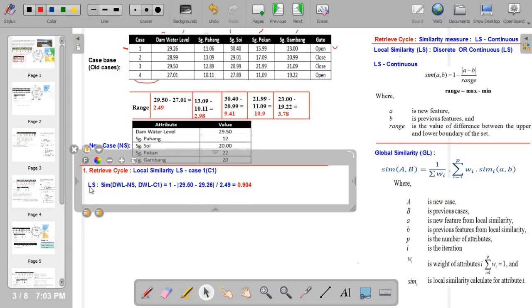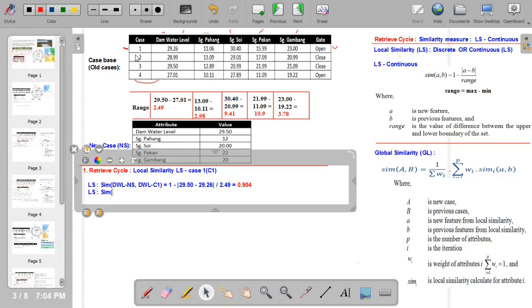So I'm going to do the same, but I don't know why I got this red color. So I'm going to choose red. Okay, LS similarity for the second attribute. What is the second attribute? It is Bahang, right? I'm going to find the similarity degree for the Bahang attribute value of the new case and the Bahang attribute value of case 1.